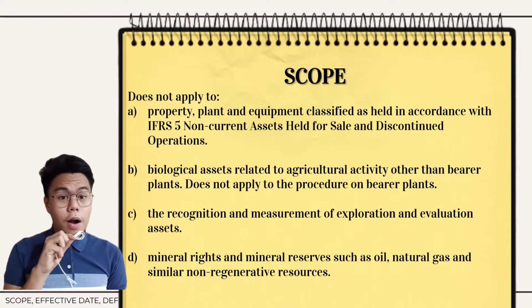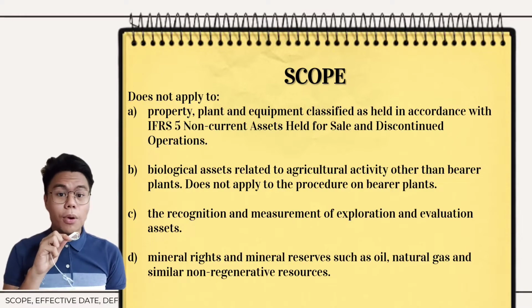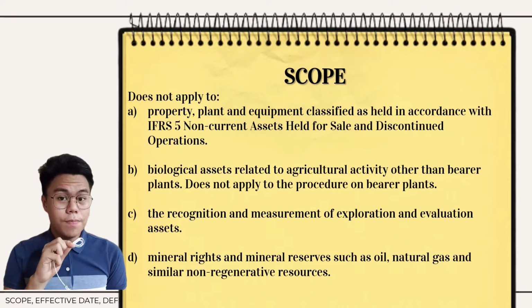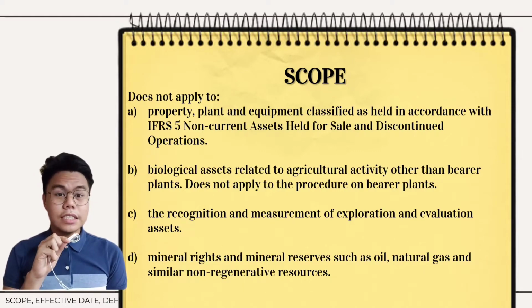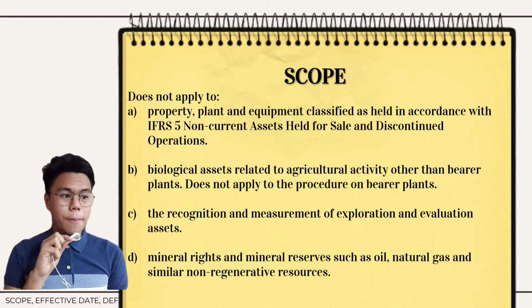Firstly, property, plant, and equipment classified as held in accordance with International Financial Reporting Standard number 5, non-current assets held for sale or discontinued operations.